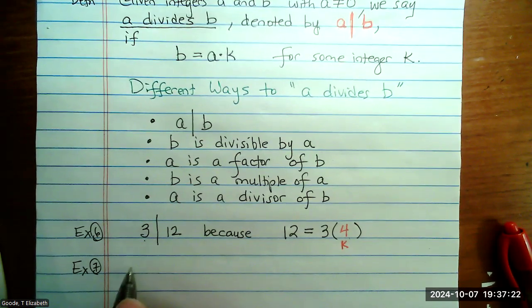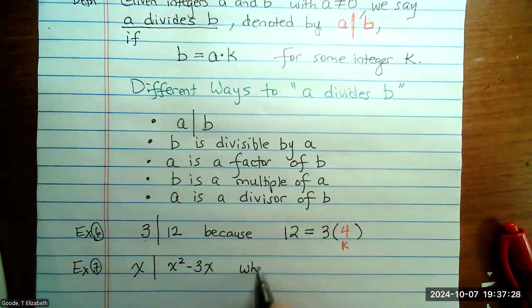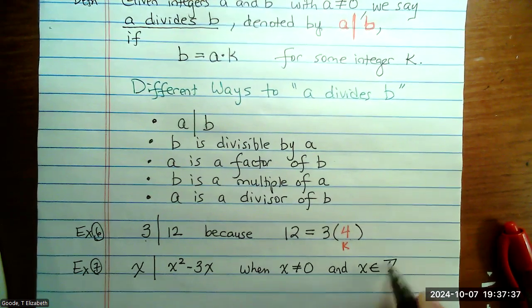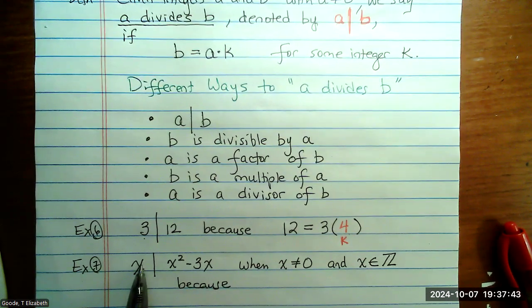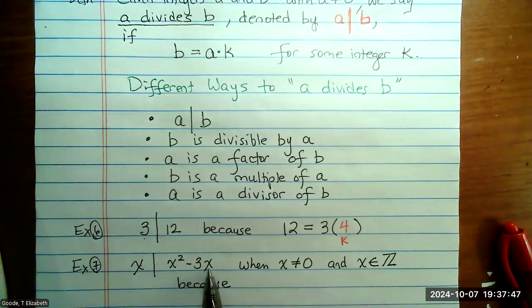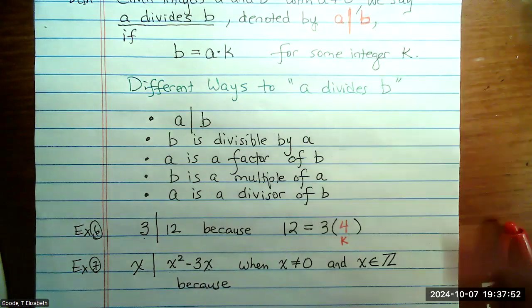Let's do one that's not quite as trivial. Example 7, x divides the quantity x squared minus 3x when, we got to say a few things, x is not equal to 0 because we don't want to be divided by 0, and we need to know that x is an integer because, all right, so now our a is x and our b is x squared minus 3x.